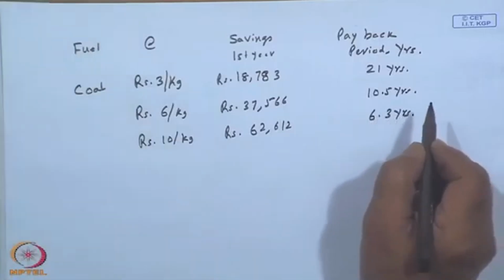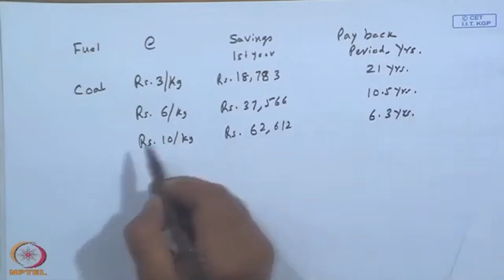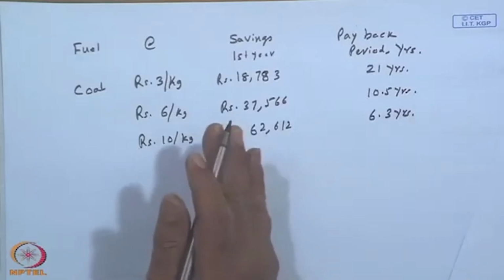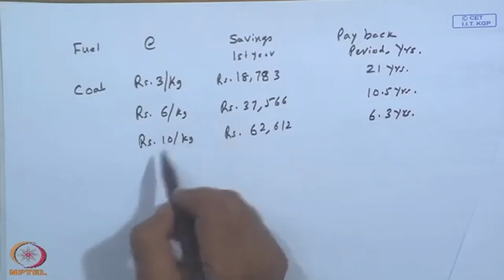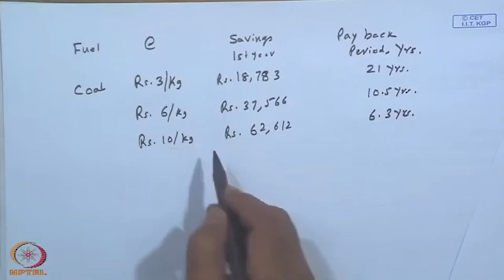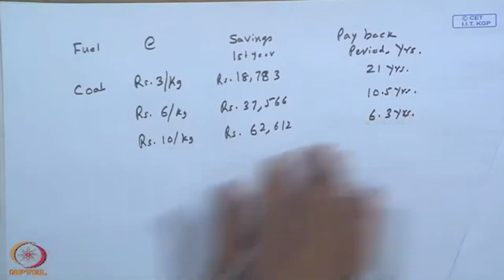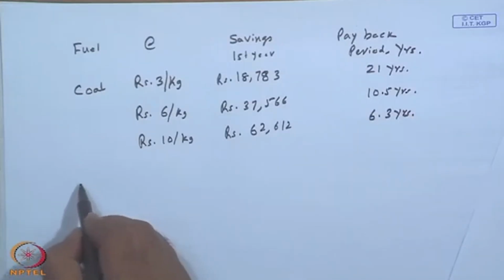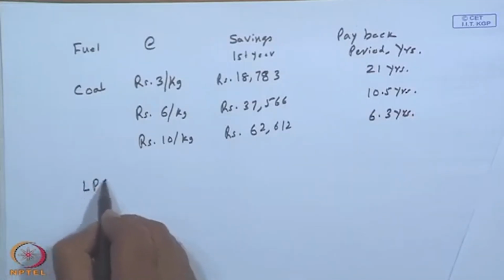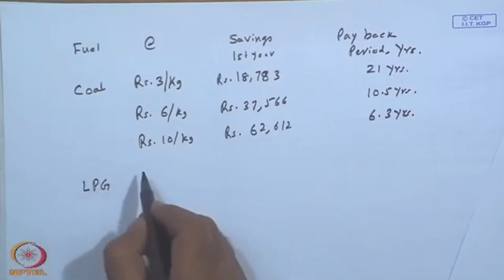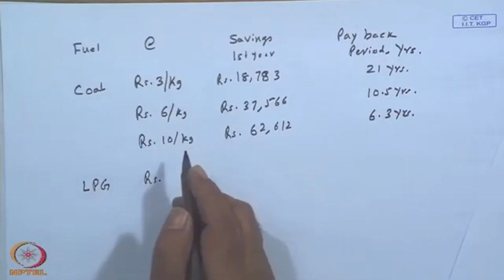These are not cooked up numbers, and I have locally verified that the coal, just household coal, is sold at about rupees 10 per kg. So, 6.3 years, still it is a large time if you compare with the coal. This is about 450 rupees.